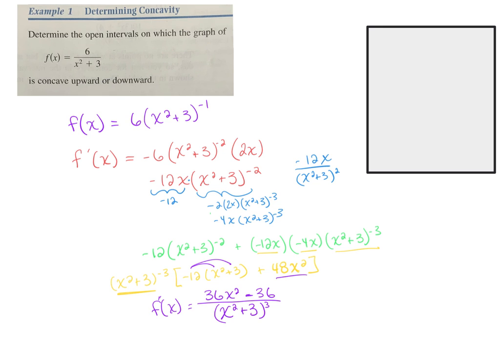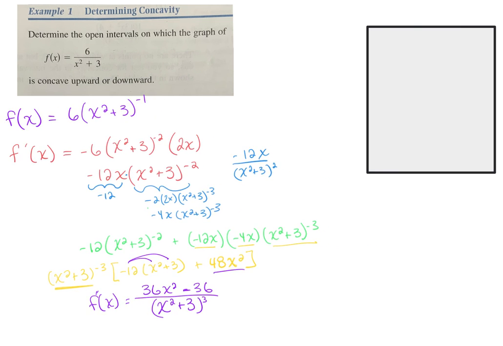Concavity says, where does this either equal 0 or where is it undefined? Undefined means the denominator would be 0. You're never going to get the denominator equal to 0 because you have something squared, which will be positive, plus 3 to a power. And that will always be positive. So it will never be undefined. We just have to worry about that numerator.